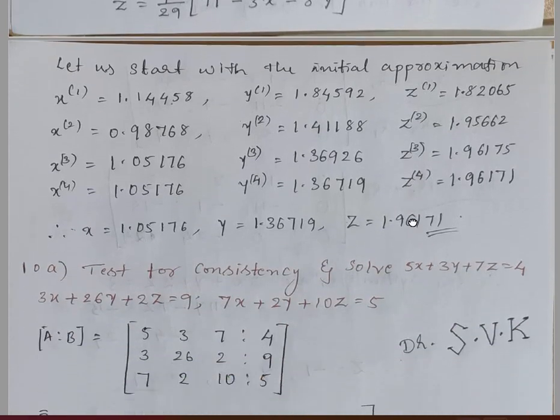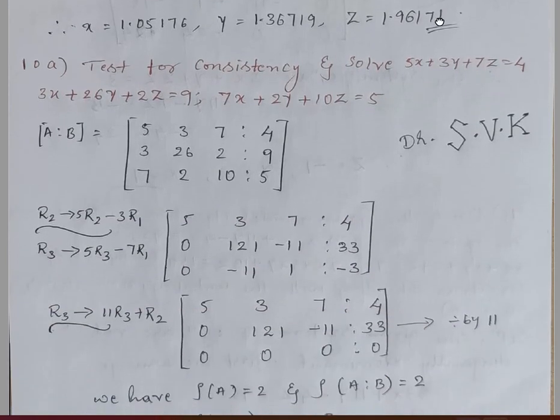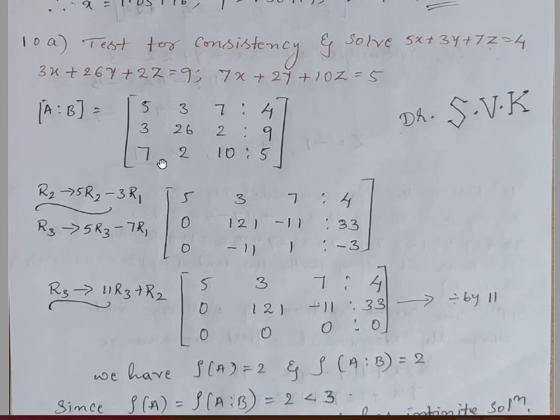Moving on to the last question of this module, 10th A. Test for consistency and solve. So write down the augmented matrix. Go for finding the upper triangular matrix. By doing that, I got the last row as a 0 row. So I came to know the rank of matrix A is 2 and the rank of the augmented matrix is also 2.